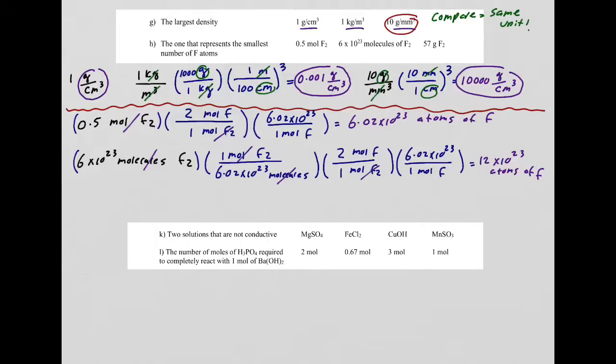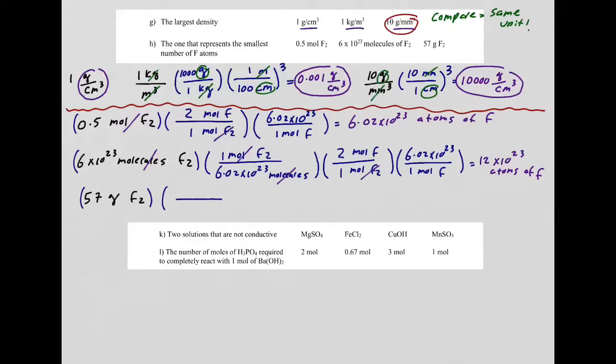Ready for the last part? The last part is 57 grams of F2. Okay, this is the same as before, 57 grams of F2. What am I going to do?